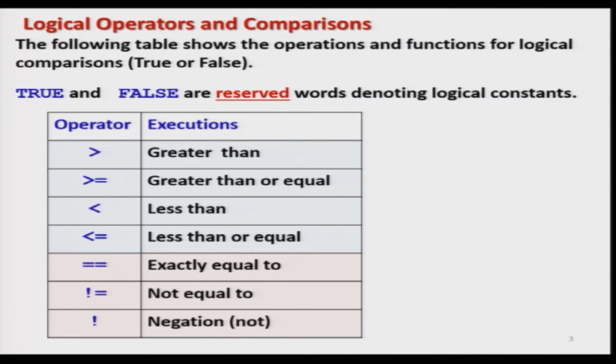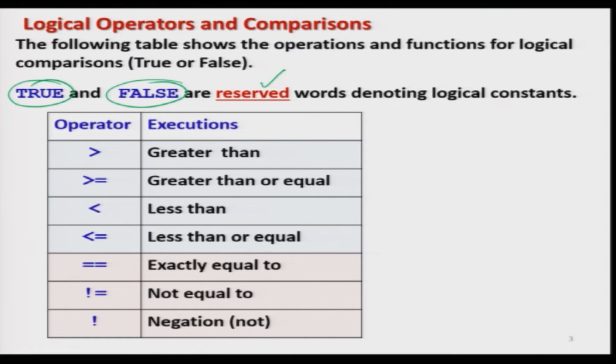Right. So, when we come to the list of logical operators, I have given a list here, but before that you have to understand there are two words which are TRUE and FALSE. Both are written in uppercase alphabets, that is the capital English letters. They are the reserved words. TRUE means true and FALSE means false. They cannot be used for anything else.